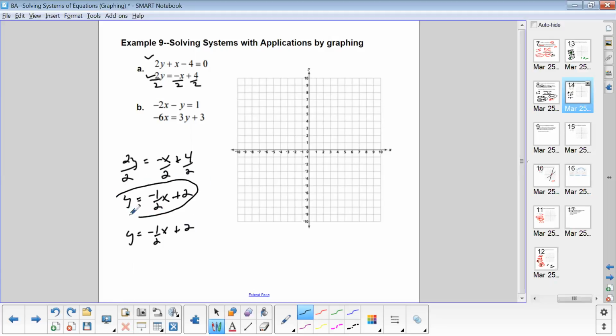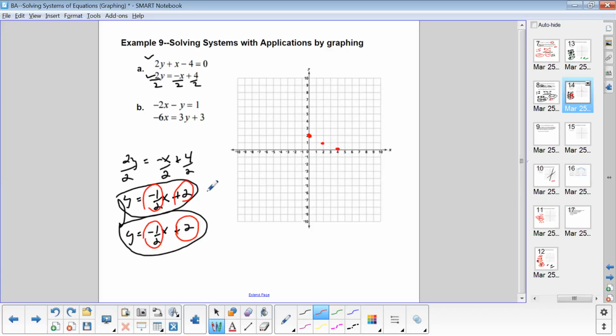So if you look at the two equations, what do you notice? Well, the slopes are the same, and the intercepts are the same. So what you have is a consistent dependent system, which is the same line. So we know that we'll go through the y-intercept of 2. So if you plot this one, it'll be decrease 1, increase 2, decrease 1, increase 2.